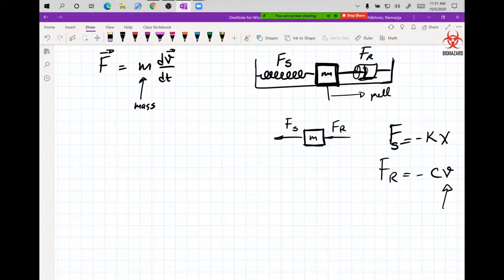So if the object is moving left and right because you set it into motion, the gravity, air resistance, and friction, all of those are slowing the object down as it is moving.